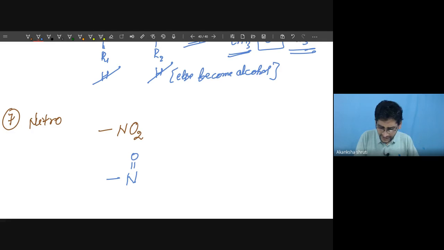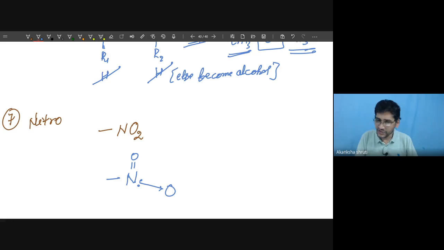Nitrogen is attached with a double bond to one oxygen, and whatever the unshared electron pair present with this nitrogen is being given temporarily to the other oxygen, acting as a bond like this. So this bond is called coordinate covalent.